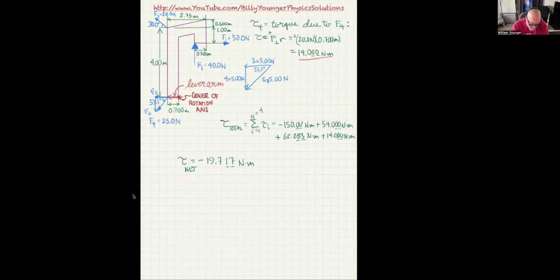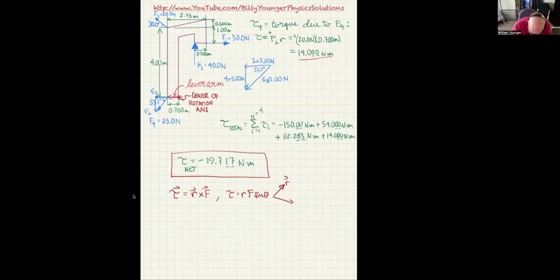Now, that's basically a way to do it, but this was very much an instructive problem. The whole purpose of it, of course, was to teach you how to use the various versions of the torque formulas, which included torque as a pseudovector is equal to R cross F; torque as the magnitude of a pseudovector called the vector product is R times F times the sine of theta, where theta is the angle between R and F, and in this case, you usually use a right-hand rule to decide what the direction of the vector torque would be.